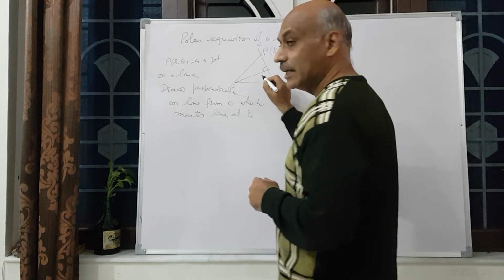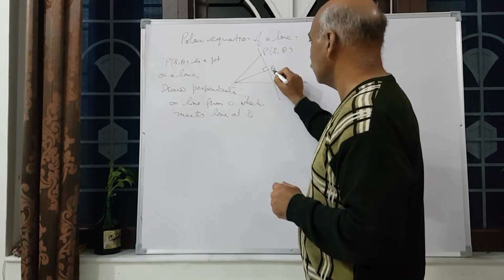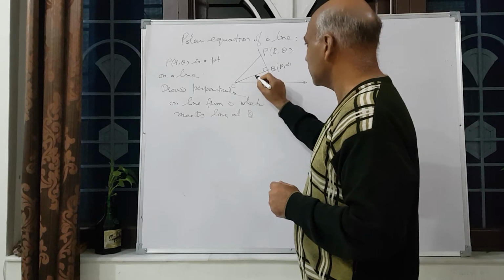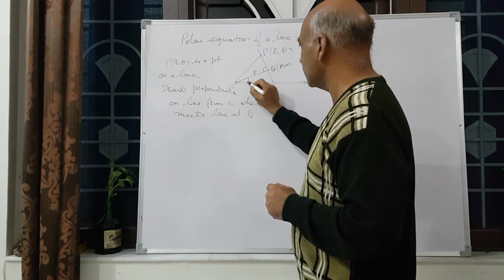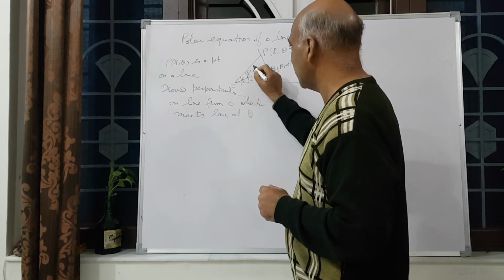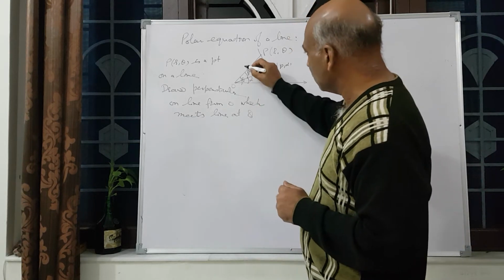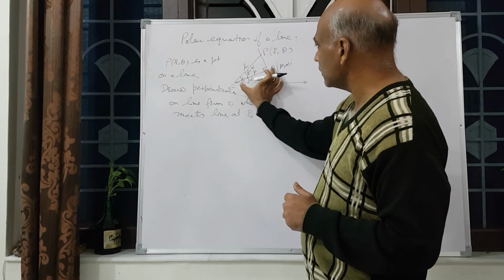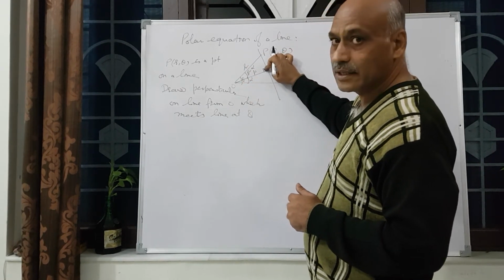This is perpendicular, 90 degree. This meets here at Q. This is p and this is alpha. This is total theta. So what is the angle? Theta minus alpha. The distance between O and P is r. Okay, this distance is r, this is p, this is 90 degree angle.